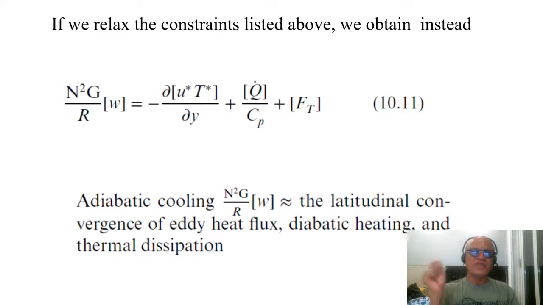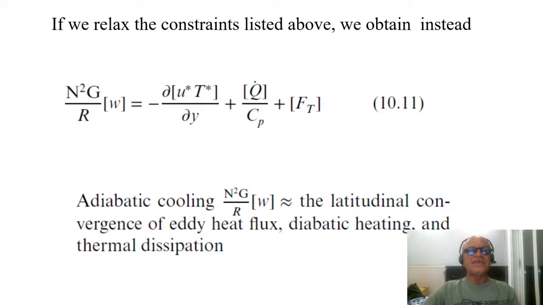You can think of it as the eddy impact on dissipating heat. In this case, the adiabatic cooling N squared H over R times w term is equal to the latitudinal convergence of the heat flux, diabatic heating, and thermal dissipation. So the balance is a little bit more complicated, but it allows for other atmospheric processes to operate as well.